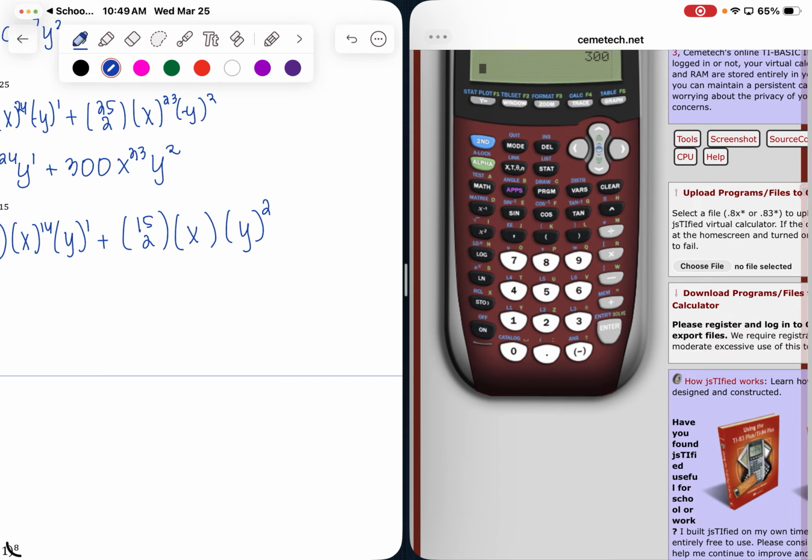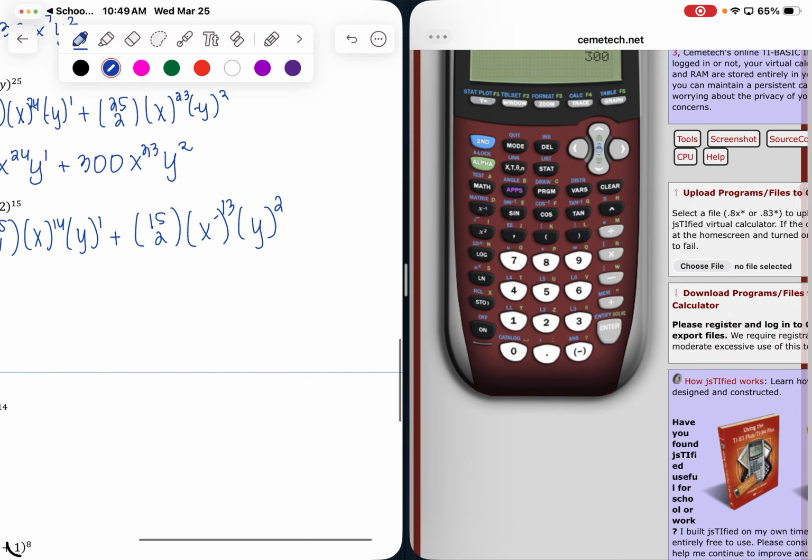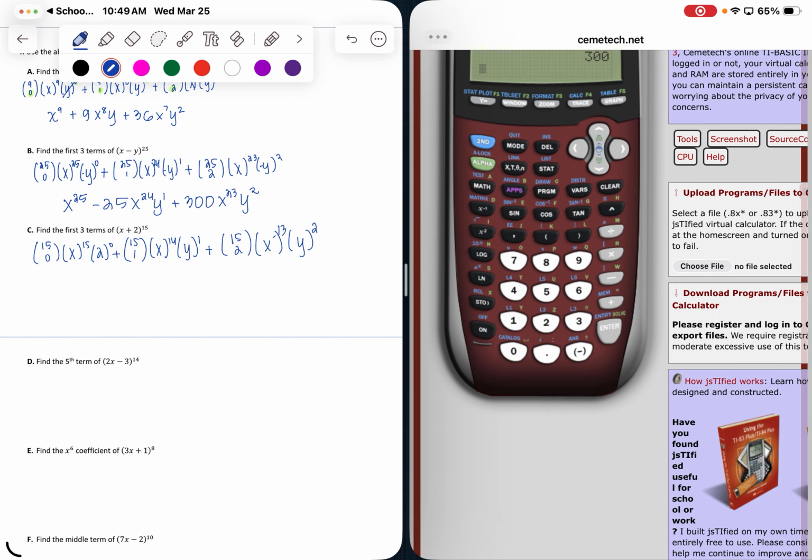So 2 add to 15, 13. Okay, clean this up, and you get x to the 15th, plus 15. Oh, I put y's instead of 2's. That's not 15. So this is a 2, this is 2.